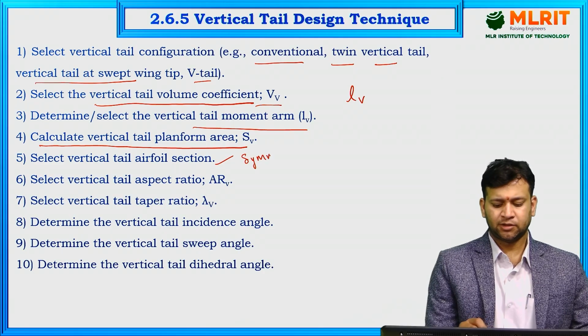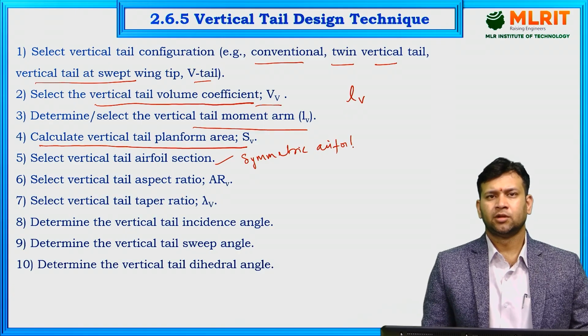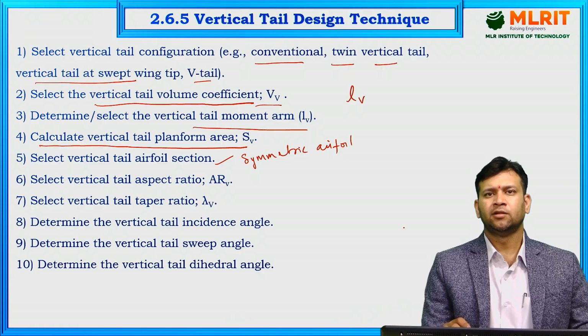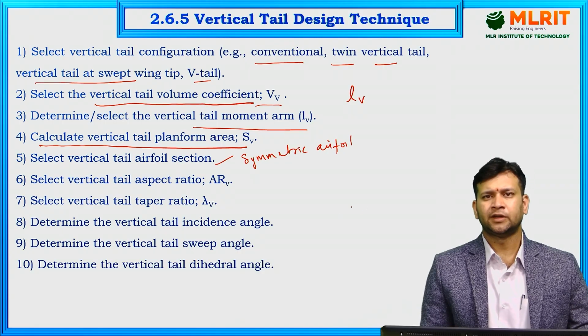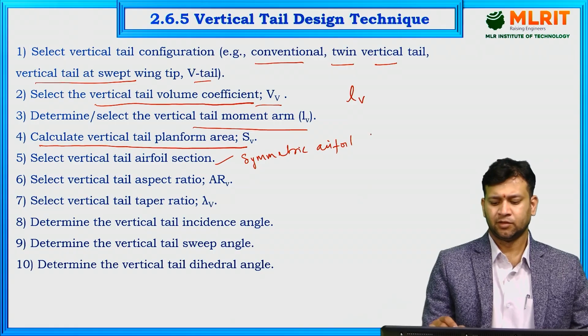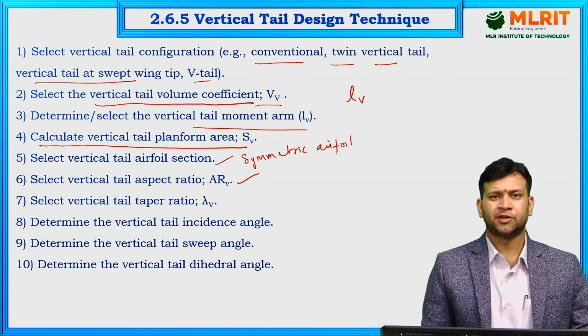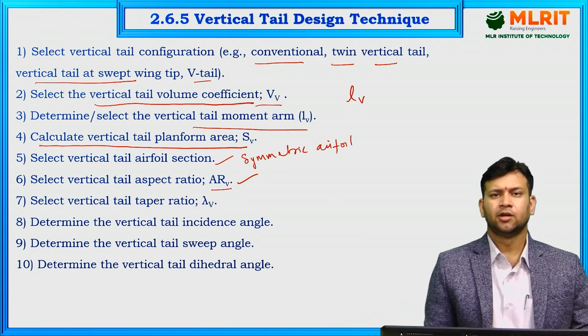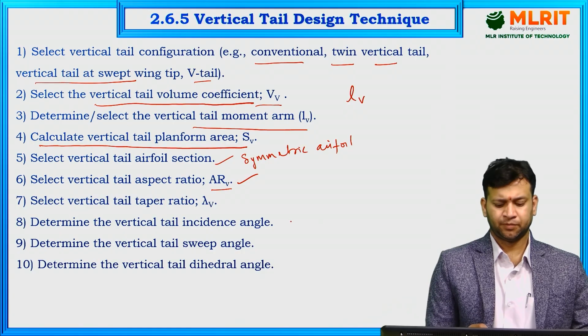Most of the time it will be a symmetric airfoil because it tends to maintain stability on either side, on the left and right hand side of the aircraft. Then we select the vertical tail aspect ratio for its agile nature. Then we select vertical tail taper ratio.